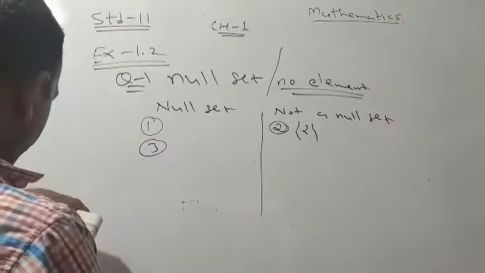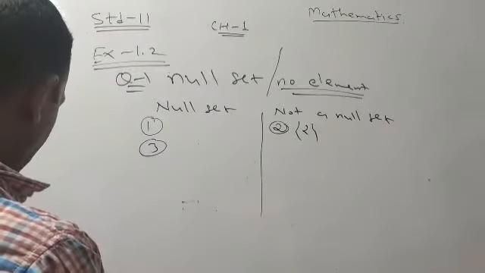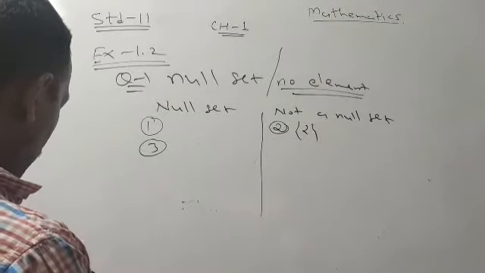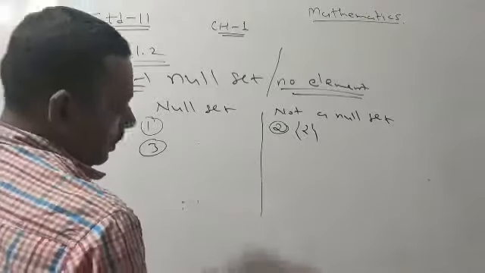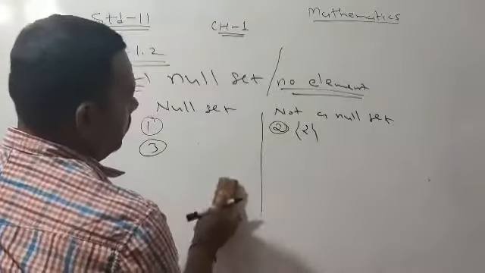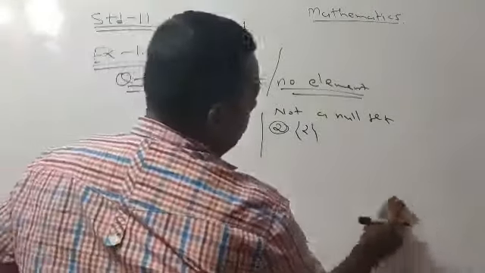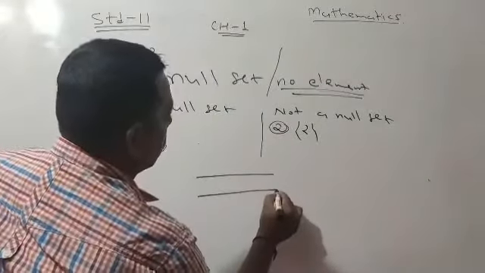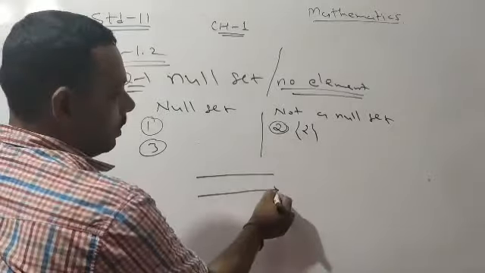Okay. Now fourth one. Y is a point common to any two parallel lines. See, this we have already studied in 9th standard. If lines are parallel, then they are not intersecting lines.